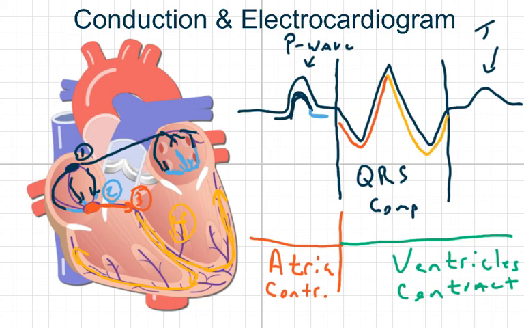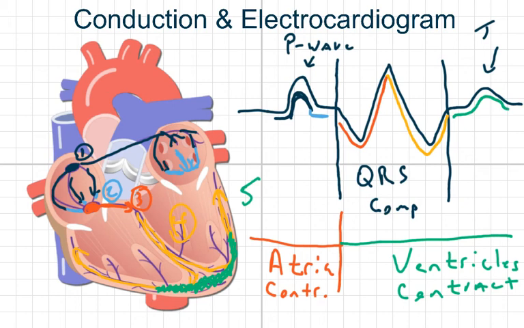And then moving into step 5, we start getting repolarization of the ventricles, which we're going to substitute in green. Basically, the ventricles have already completed their contraction, and they're starting to repolarize to get ready for the next heartbeat.